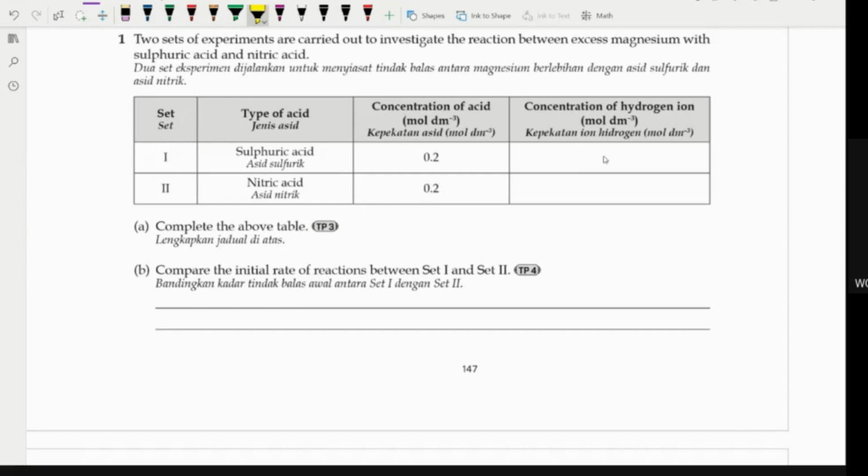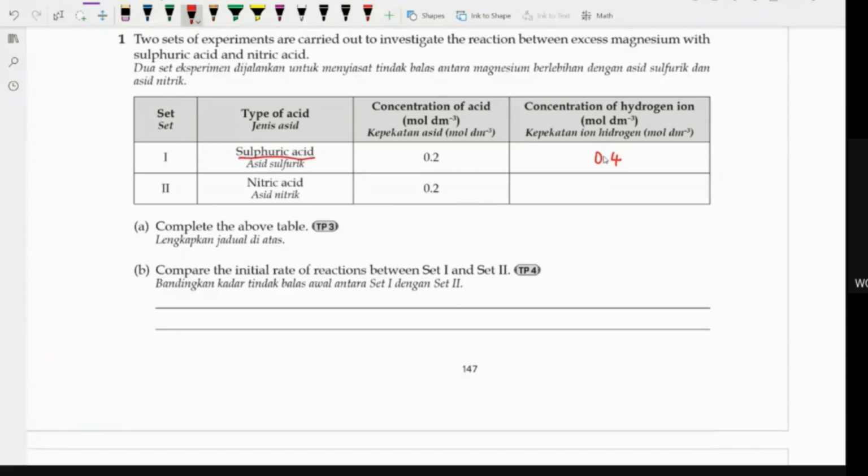0.4. Okay, why is it 0.4? Anyone? Because sulfuric acid is a diprotic acid.